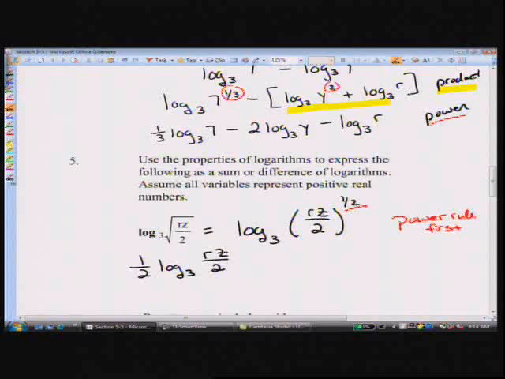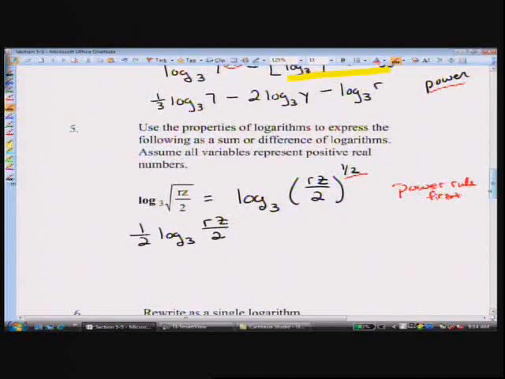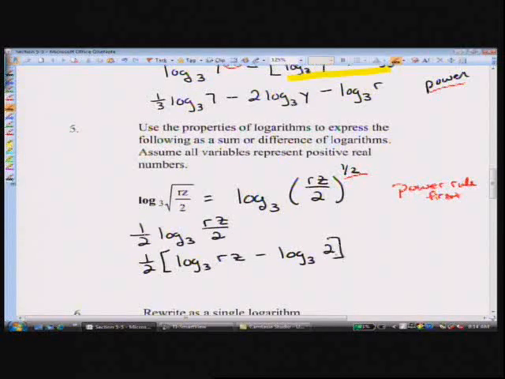This 1/2 is going to be multiplied by all of them. So now if I apply the quotient rule, I have 1/2 times log base 3 of rz minus log base 3 of 2. That was the quotient rule.